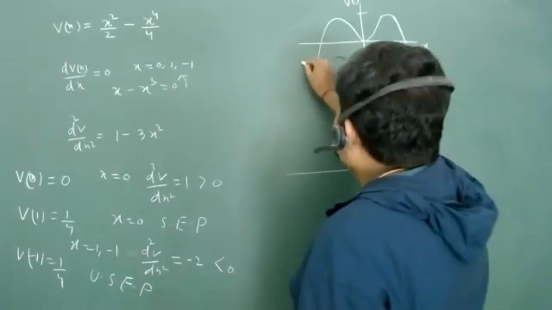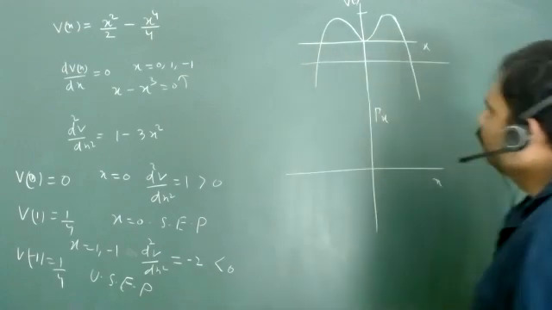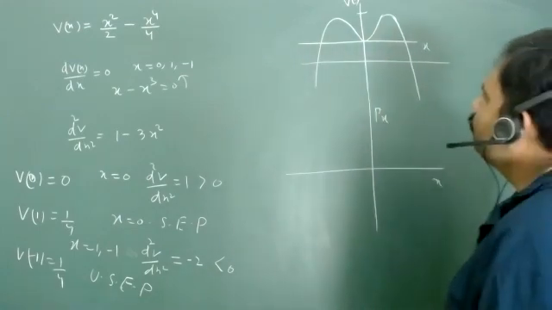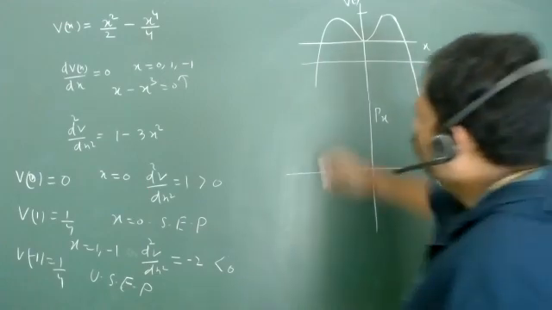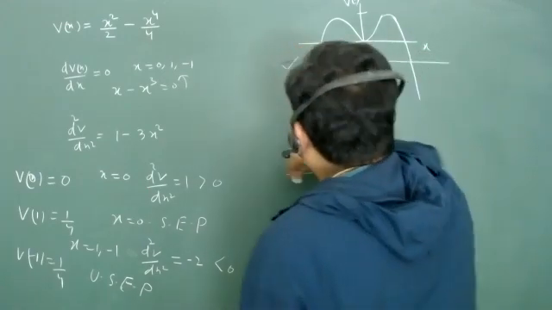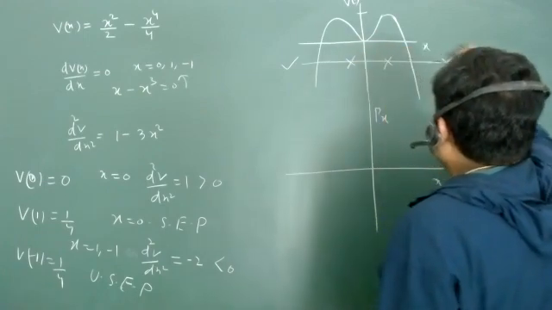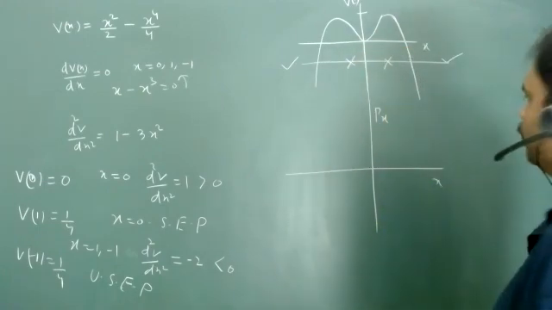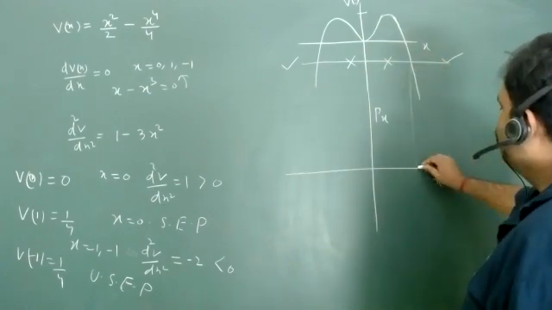So yes, for the negative energy, can we plot a phase curve? For this negative value of energy, can we plot a phase curve? Yes, because this region is allowed and this region is forbidden. So in this region I can go like that.